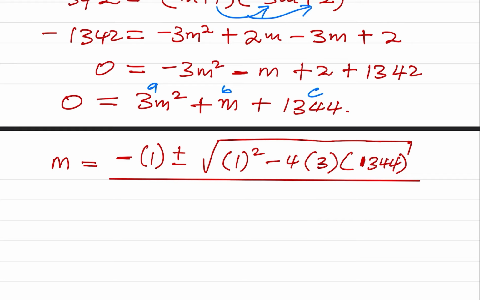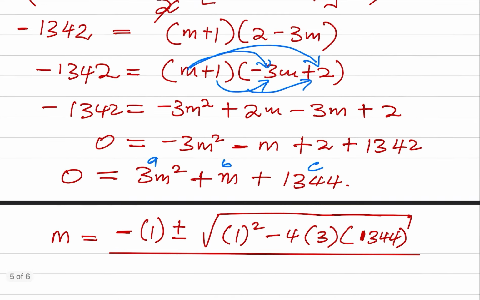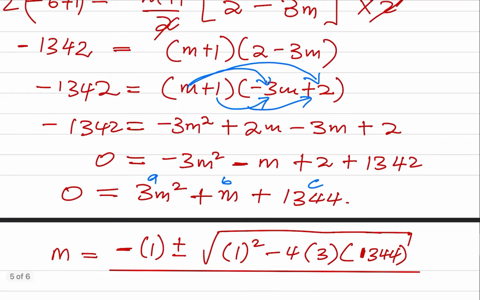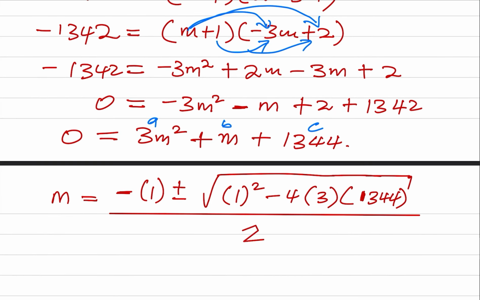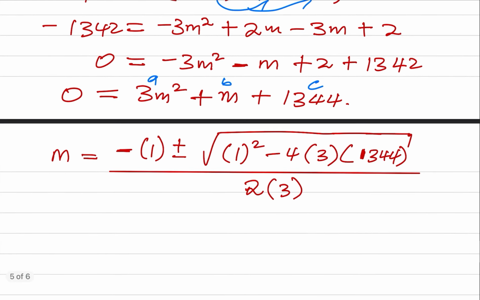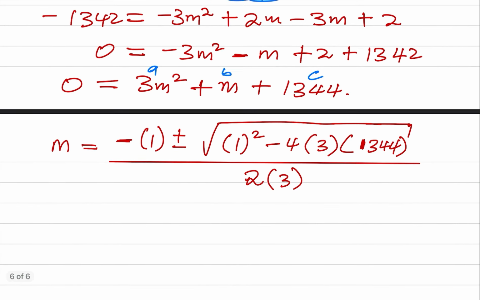How much? All over how much then? 2 into what? Into A. Your A is 3. Now, can we do it from here?